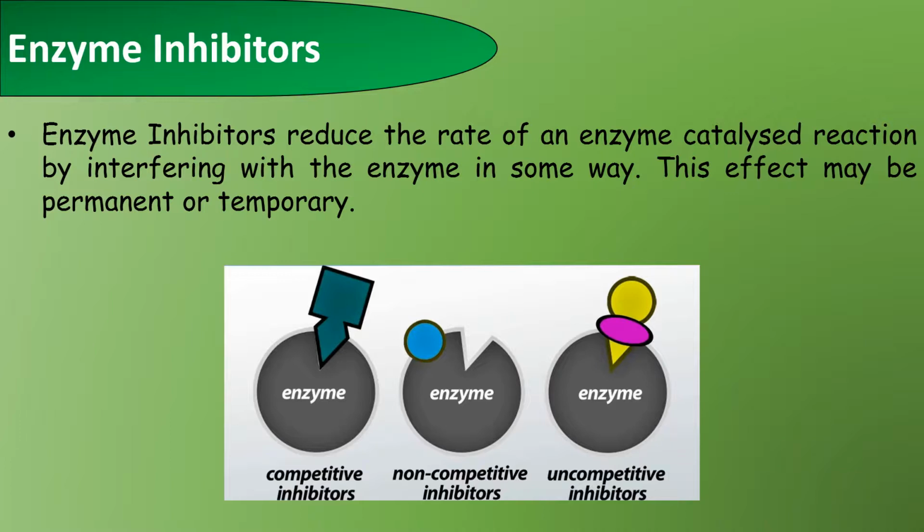So inhibitors can either be competitive, in which case they will compete for the active site, non-competitive, in which case they will bind to a second site on the enzyme and change the shape of the active site, or irreversible, in which case once they're bound to an active site they will not unbind from it, therefore deactivating or denaturing, if you wish, the enzyme.